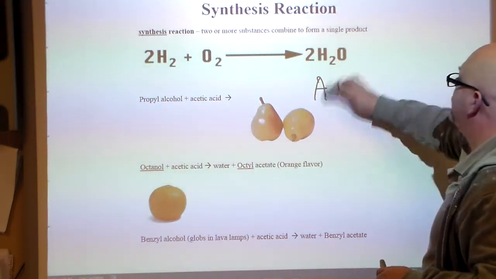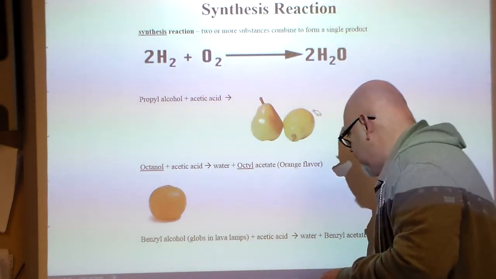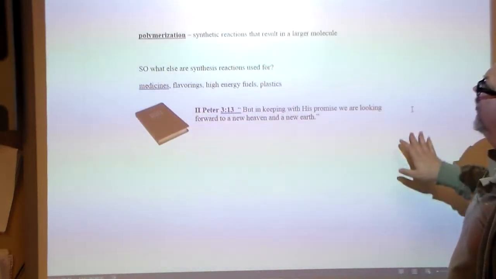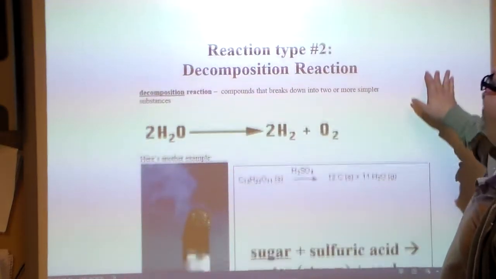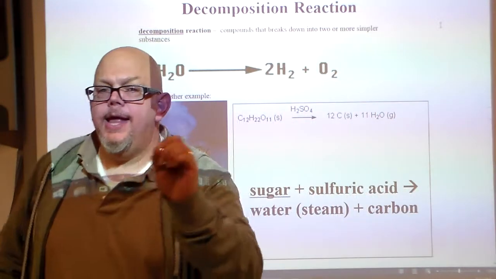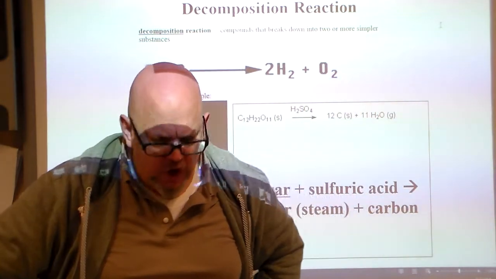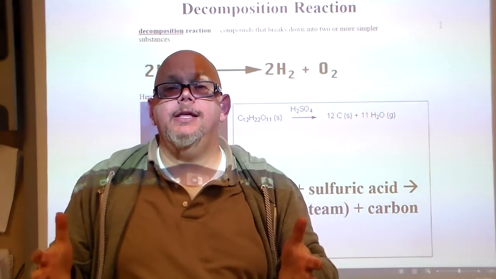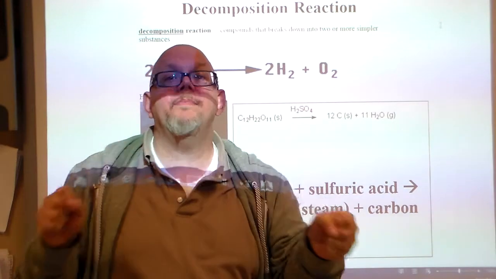We're going to erase this and move on very quickly. Reaction type number 2 is decomposition. Anytime you think about decomposition, you should be thinking breaking apart, like taking Legos and unsnapping the bricks.